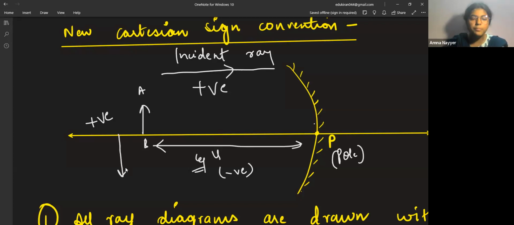Object is obviously never kept below the principal axis, so object's height will always be positive, but images can be negative. Images can be drawn below the principal axis because images are formed wherever light rays intersect. So if something is formed below the principal axis, this is taken negative. This is how you have to remember the sign conventions.